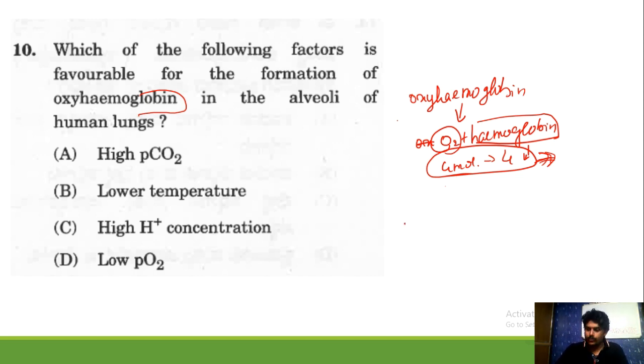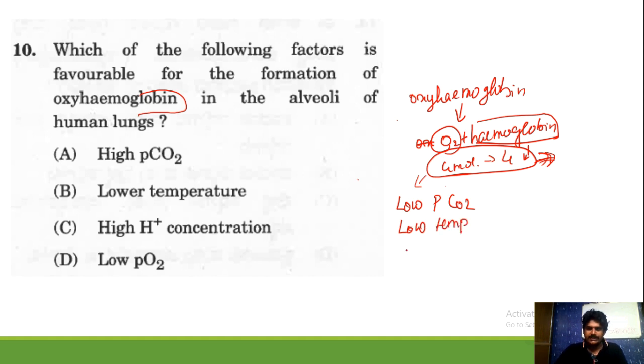Let's see what the actual conditions are for the formation of oxyhemoglobin. One is low pressure of CO2. Then there should be low temperature.